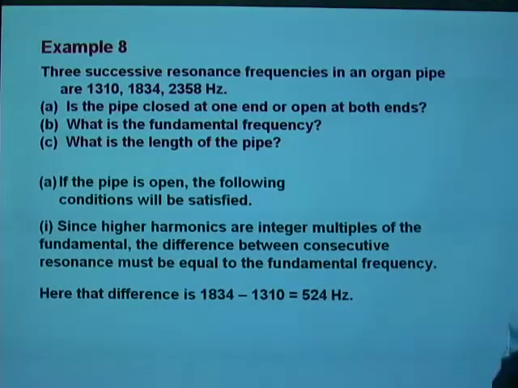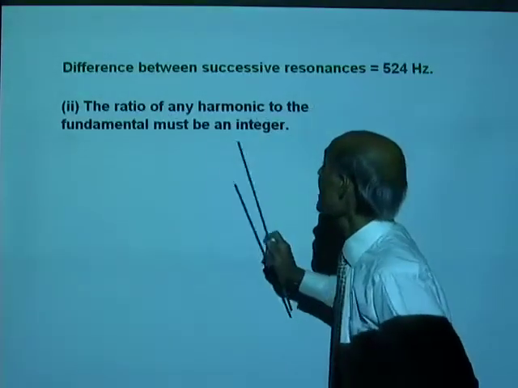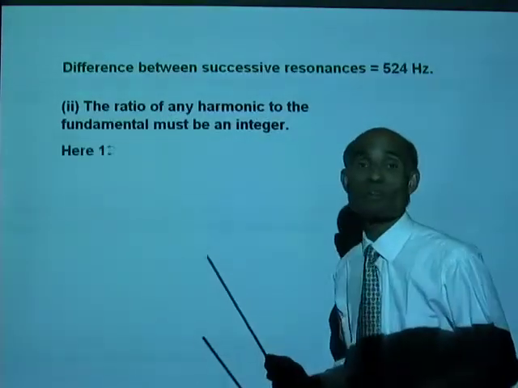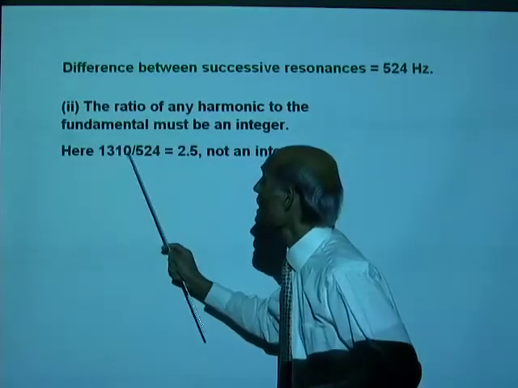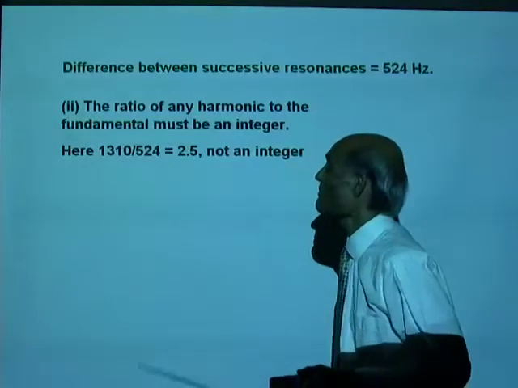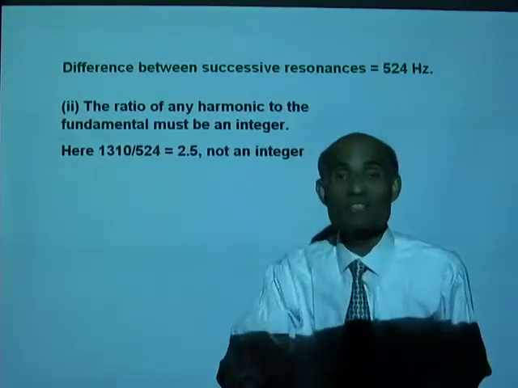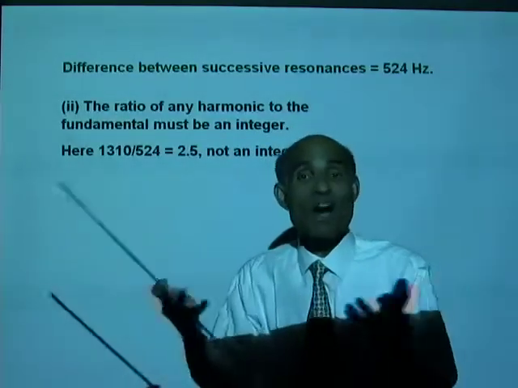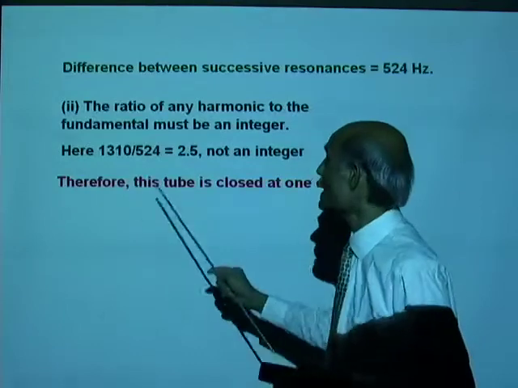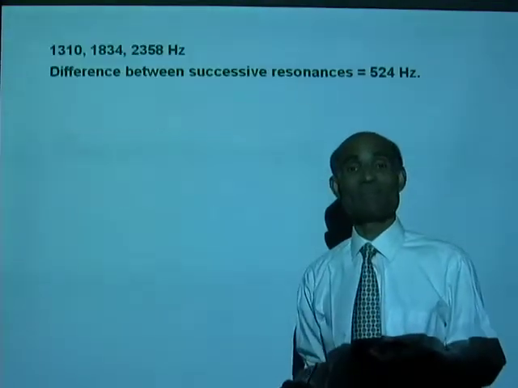Is that going to be the case? The ratio of any harmonic to the fundamental must be an integer. Here, 1310 divided by 524 is 2.5. It is not an integer. So what is the conclusion? The tube is not an open tube. So therefore this tube is closed at one end.